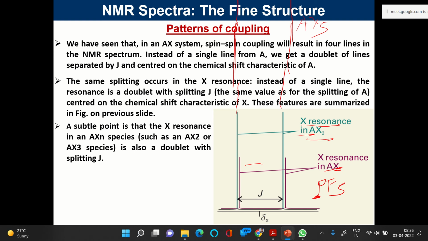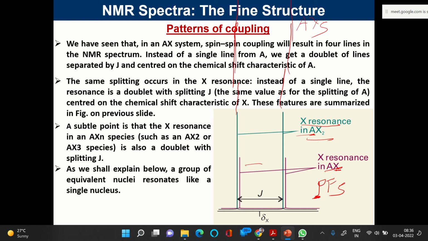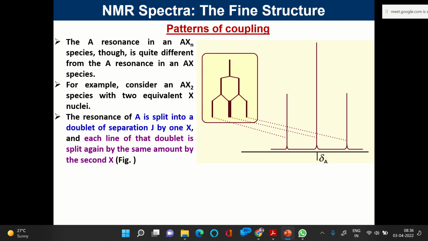But when you are looking at the NMR frequency signal for A, which in this particular case is phosphorus, the 31P spectrum, then A will be affected by each of these interactions with fluorine number 1, fluorine number 2, fluorine number 3, fluorine number 5.